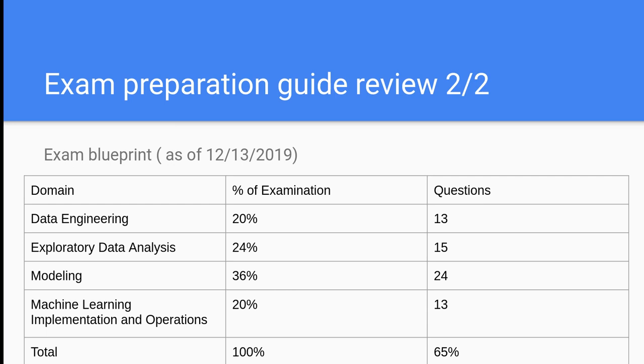The third one, modeling, and the last one is machine learning implementation and operation. So each of those domains account for 20%, 24%, 36%, and 20% respectively. And the number of questions are also approximated based on the percentage of the examination.